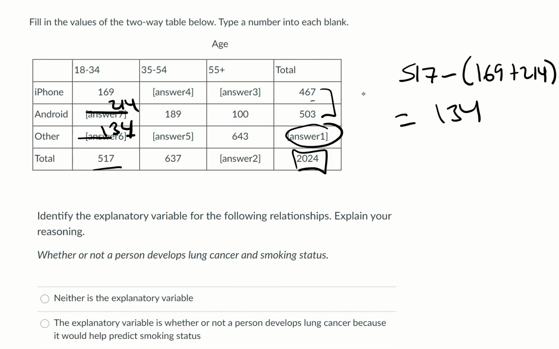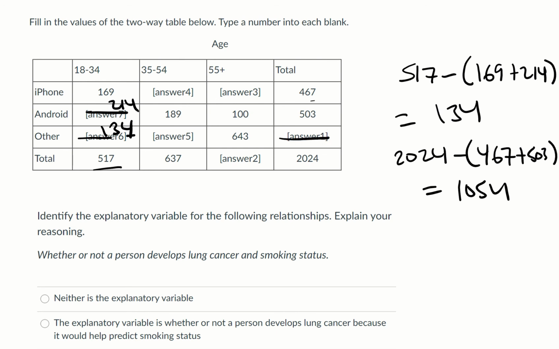So 2024 minus 467 plus 503. So 1,054 people. That would give us answer 1. So 1,054 people were in the other category in total.